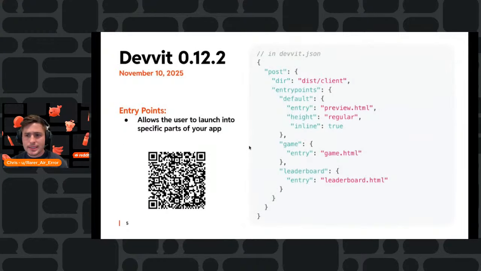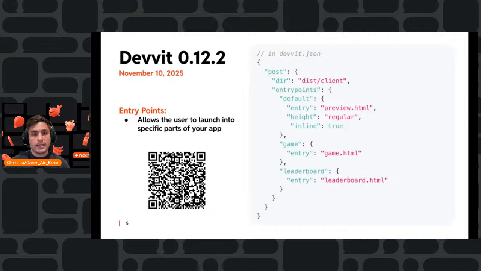I kind of alluded to this, but the really exciting piece of this is that these two different modes that you can render in are supported by this new concept of entry points. Within your Devvit JSON file, you can specify different entry points, which allow you to create HTML pages that load in specific contexts. For example, you can have an entry point, such as this example where you have inline set to true.